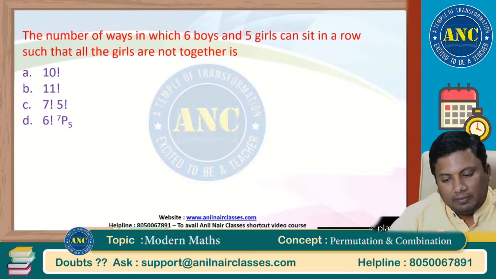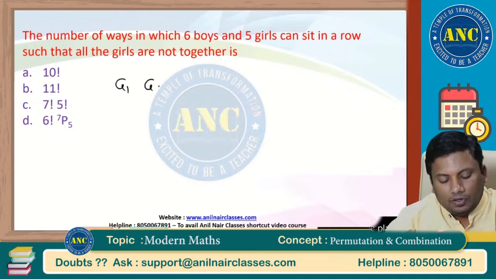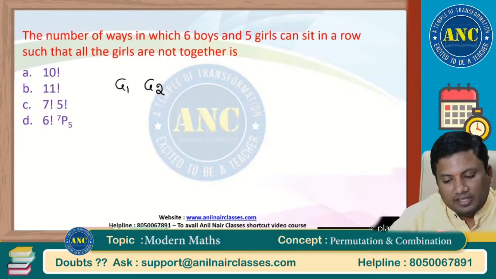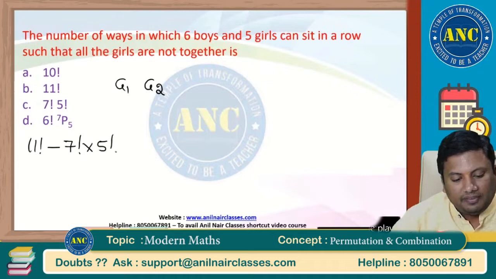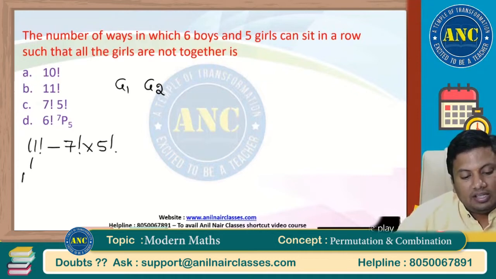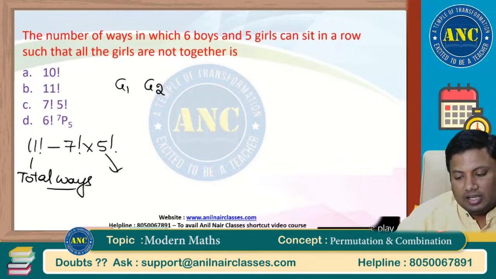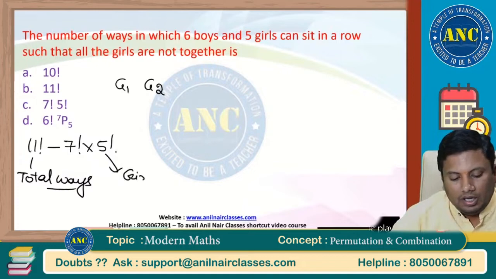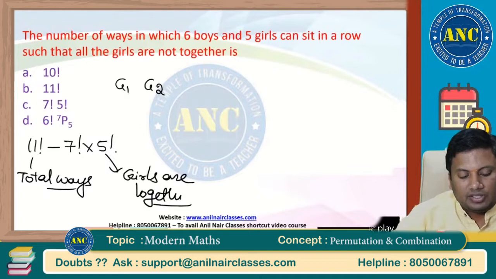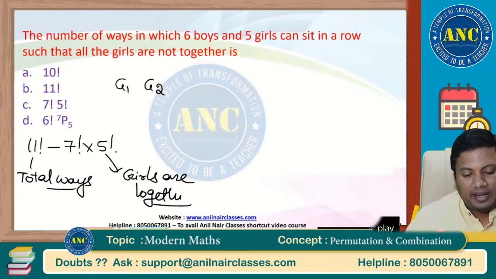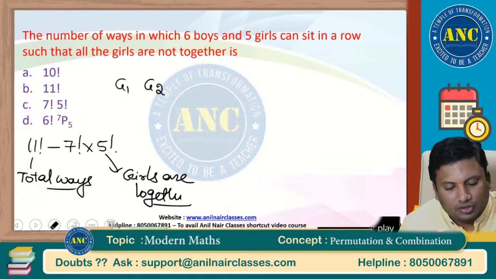Or total ways, can I do that? Total ways 11 factorial minus all the girls together: 11 factorial minus 7 factorial into 5 factorial. What is this case? This is nothing but the total ways where boys and girls can sit together. This is nothing but the girls are together. 11 factorial minus 7 factorial into 5 factorial is the answer for this question.